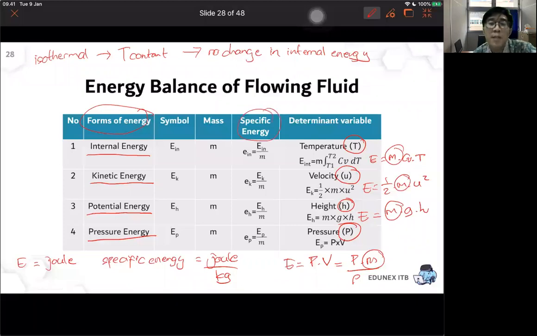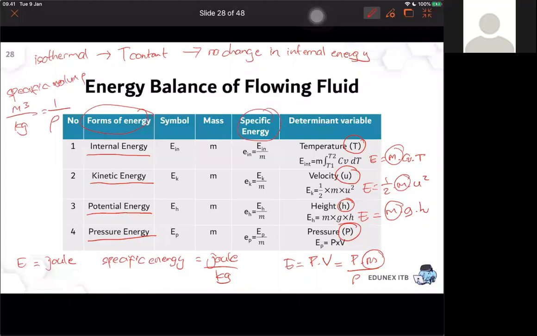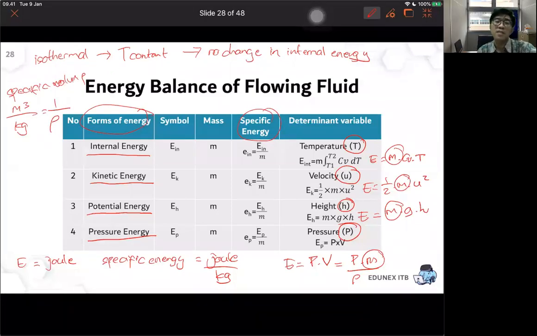Specific means divided by the mass. Previously we already discussed specific volume, right? This is volume divided by mass, or the inverse of density. Yes, sir. This is called the specific volume. Energy divided by mass is called specific energy. Okay, any questions so far?